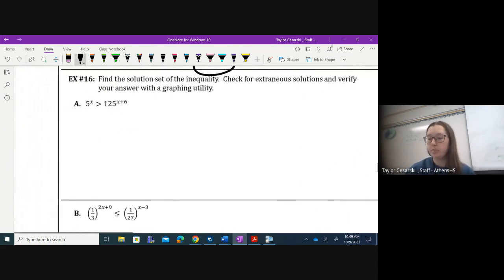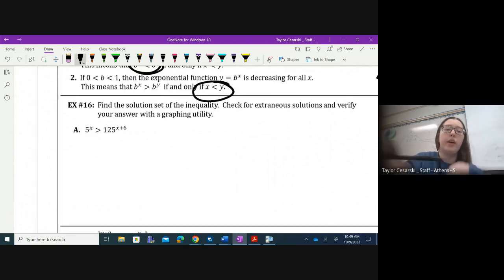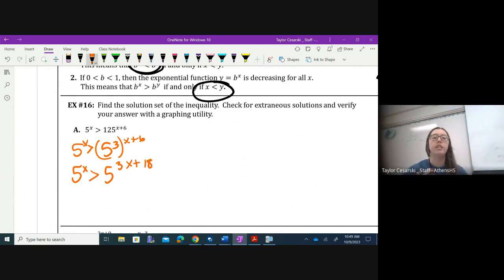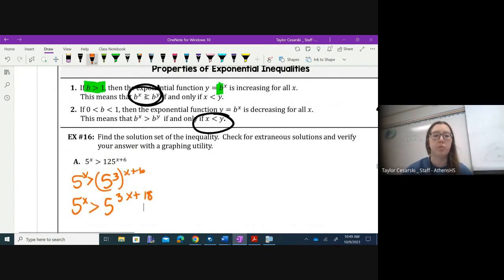So let's look at example 16, A and B. I can rewrite 125 as 5 to the third power, which then, if I'm raising to a power, I can multiply the exponents. This base of 5 is greater than 1, so I'm going to be looking at the first property, which means the sign is just going to stay the same. So x is greater than 3x plus 18.